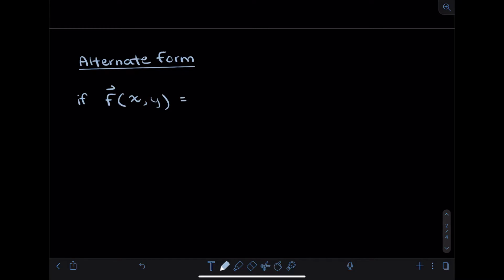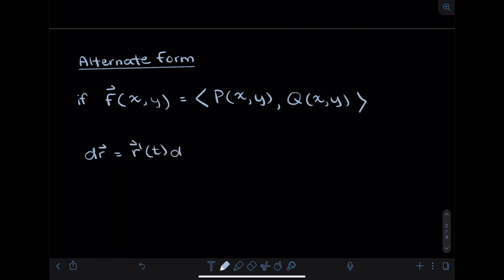And like we talked about at the beginning of the video, this could be some function P of x and y as the first component, and then Q of x and y as the second component. So far, nothing new here. Now, something interesting to think about is when we were talking about dr, we already said that's just the derivative of that lowercase r vector function with respect to t.